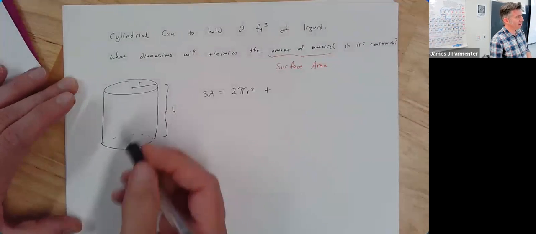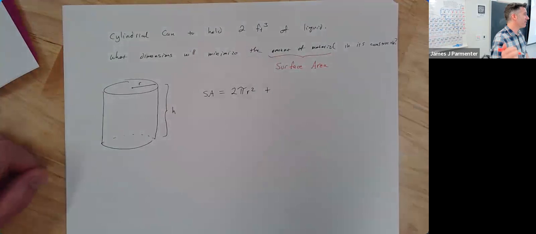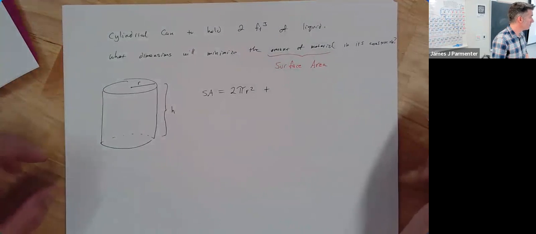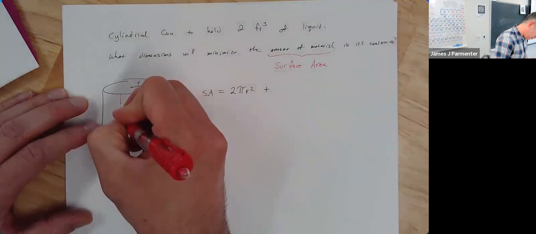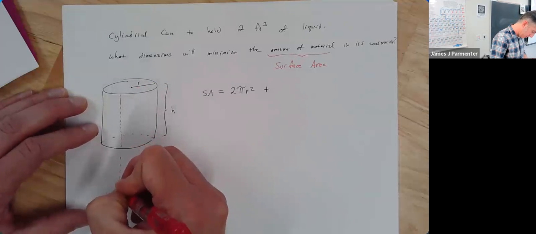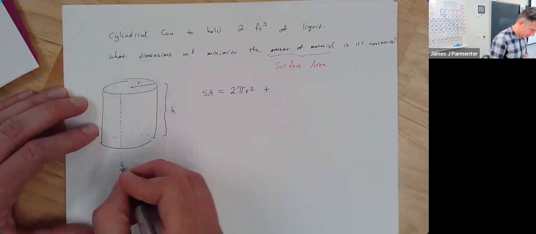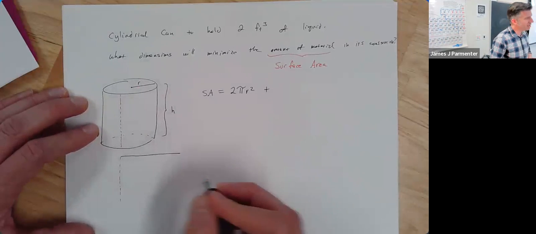Plus the around part. Here's how I think of the around part. I think of a roll of paper towels. If I take off one paper towel that goes exactly all the way around, what kind of shape is it when you unroll it? Square, but it could be a rectangle, right?